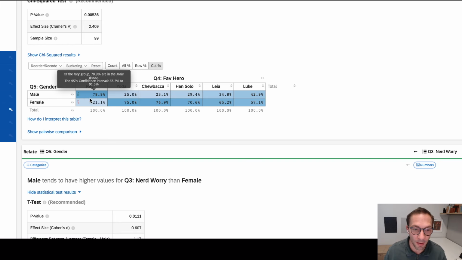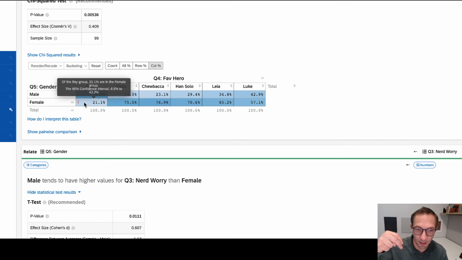So because it's pointing up, we have a higher proportion of males in this Ray category than what we would expect. And then right here we have the downward facing arrows, the downward red arrows, and that tells us that there's significantly fewer females in this block than what we would expect. So these are the two cells that pop up.